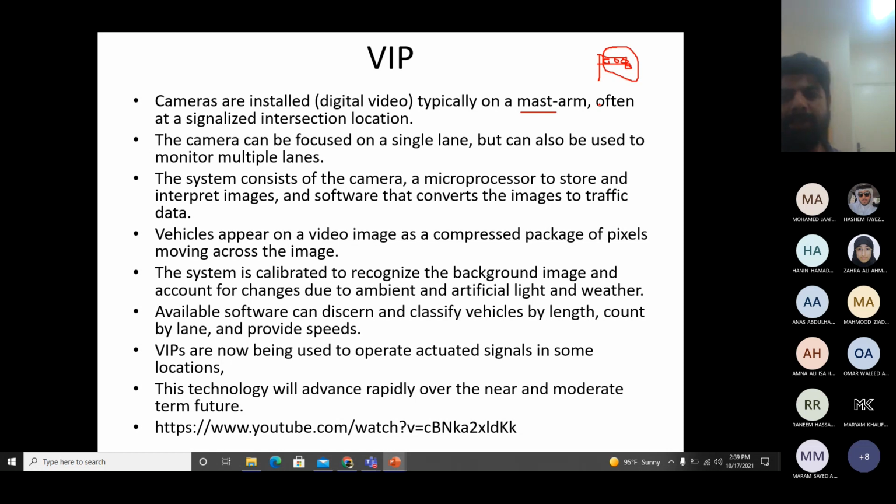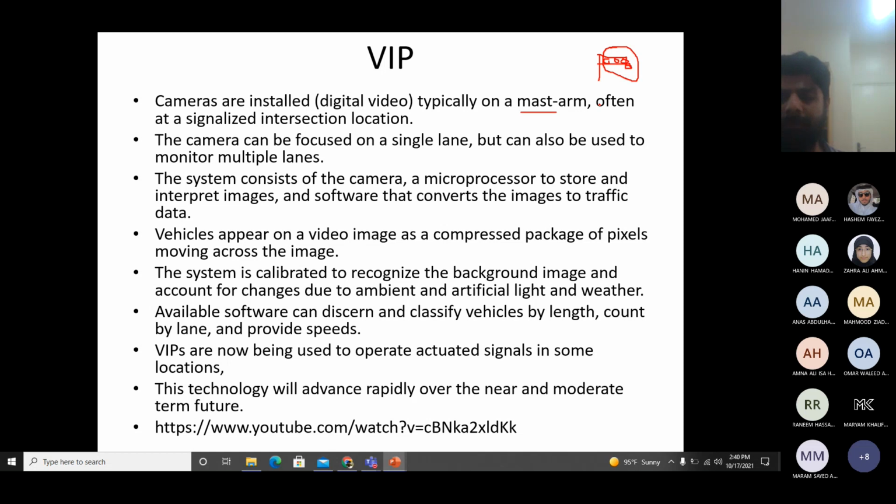So you have to do some calibration again for a few seconds, for a few minutes. You have the video in front of you. In the video, you mark wherever you see a vehicle, wherever you see a bicycle, you mark it as a bicycle, mark it as a pedestrian, and so on, so that the processor can later on easily detect from the background image which one is a car, which one is a bicycle, which is a pedestrian.